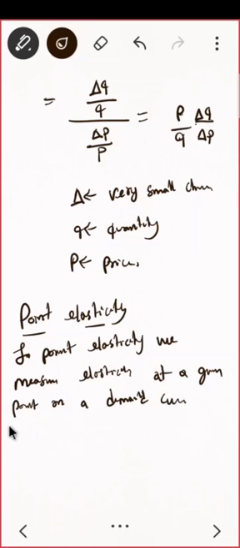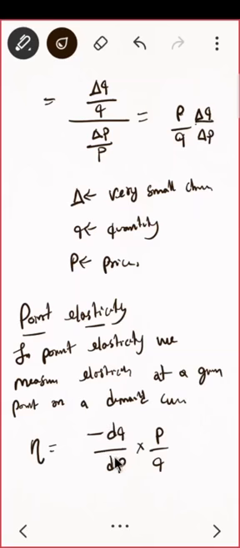So that is given by nu is equal to minus dq upon dp multiplied by p by q. So this is what you use to find point elasticity at a given point. It is the same formula, it will be minus of this.